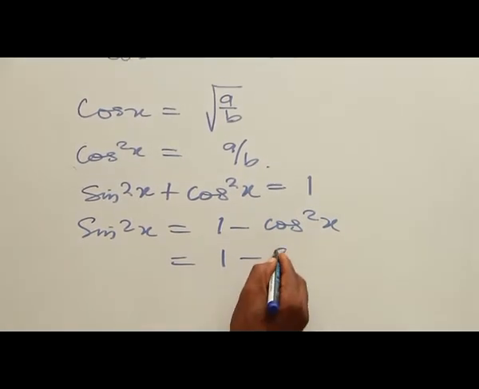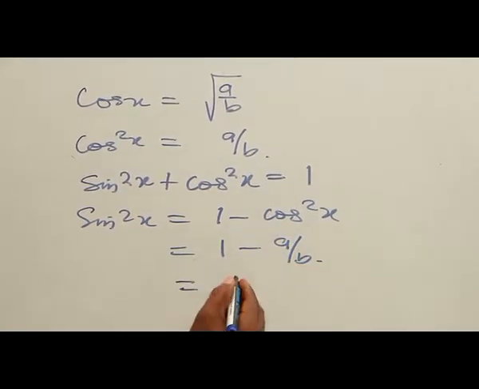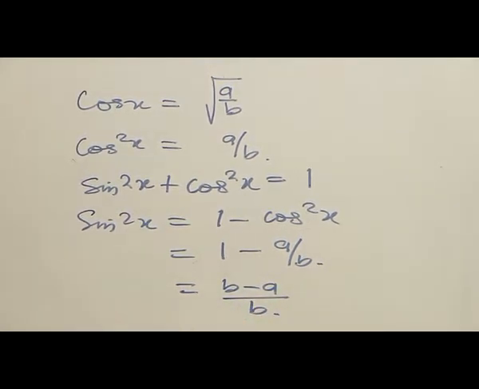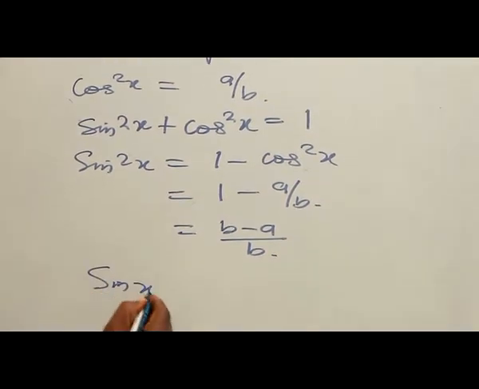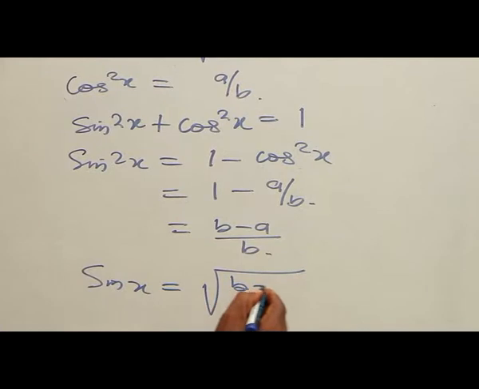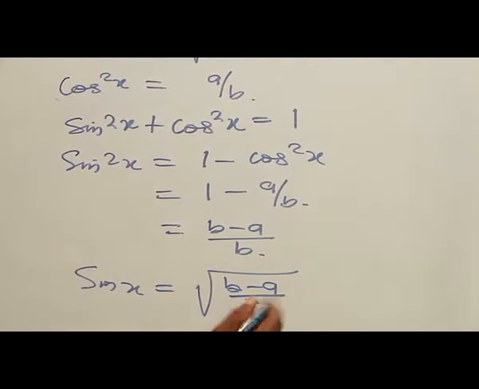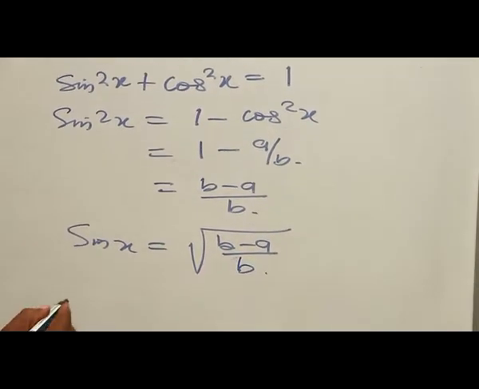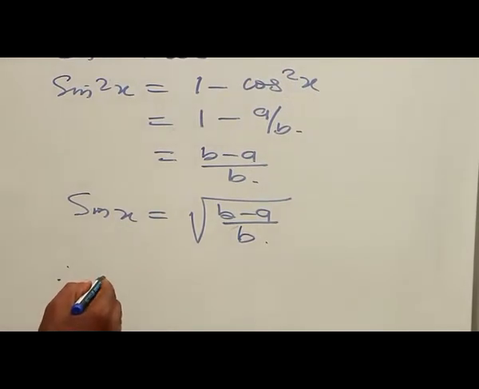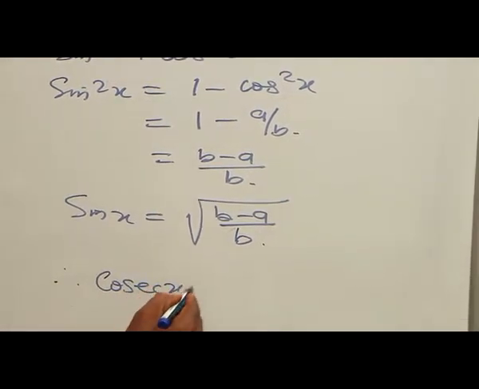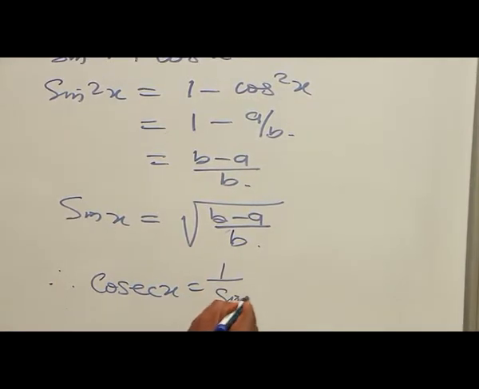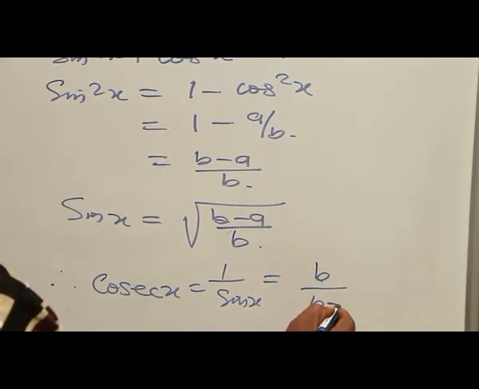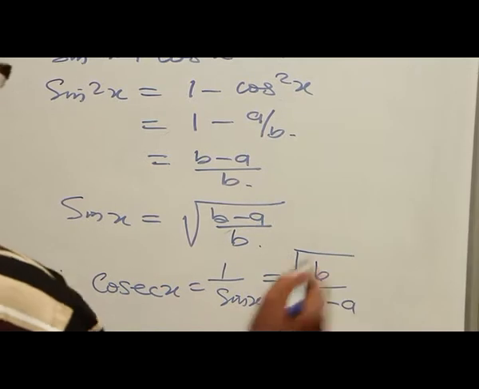That means 1 minus A all over B, and that will eventually give you B minus A all over B. So our sine S will be equal to the square root of B minus A all over B. Therefore, your cosec S, which is equal to 1 all over sine S, will be equal to B all over B minus A, everything under square root.